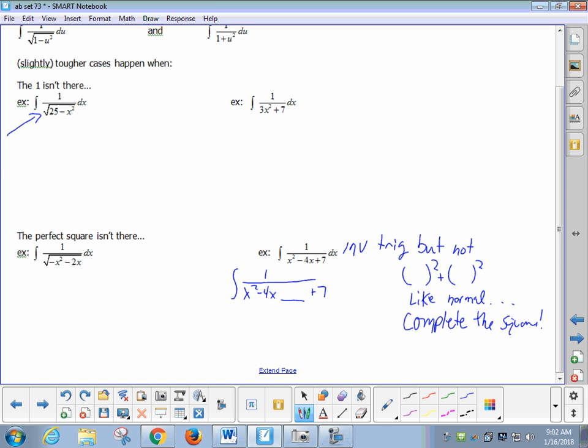So you say, well, I'll push the 7 off to the side and put my own number there. What would go there to make a perfect square? What's the rule? Divide by 2 and square. So negative 4 divided by 2 is negative 2. Squared is 4.